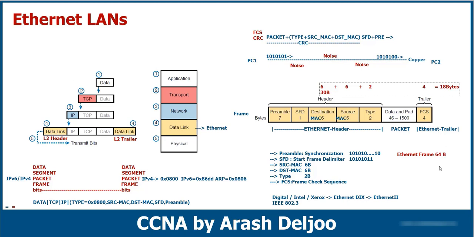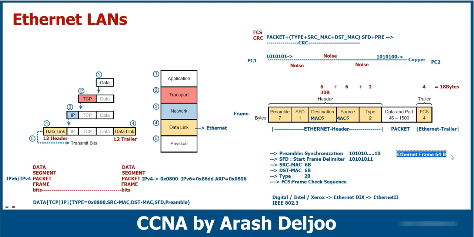Pads means 0. After you reach 64 bytes, you can add the type, source MAC, destination MAC, FCS, SFD, and preamble. Because of that, now you can understand that the data and pad can be a minimum length of 46 bytes.